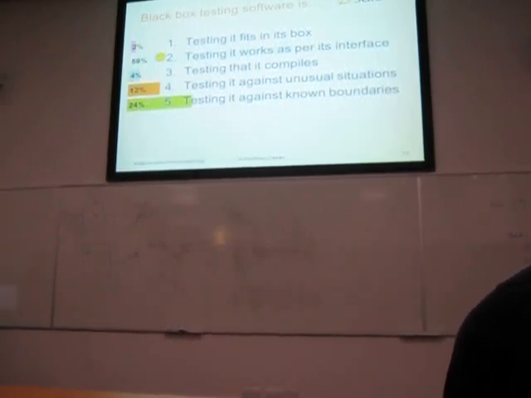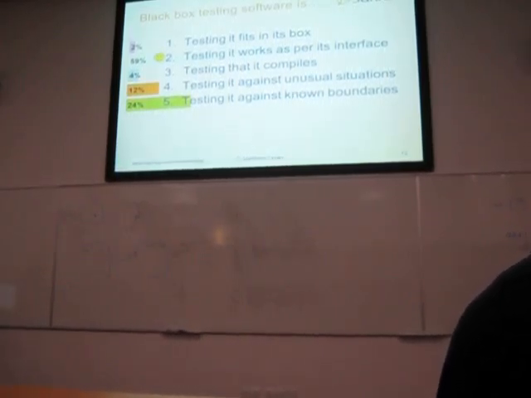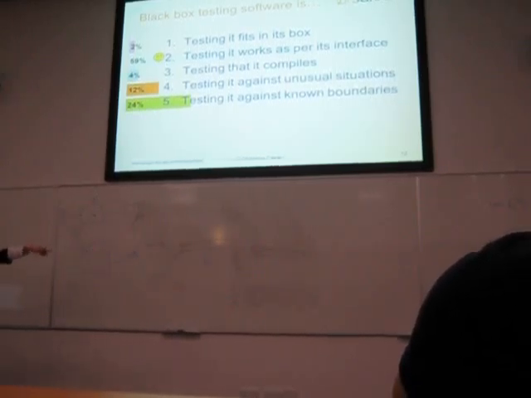So, black box is from the user perspective. It's from the perspective of the functionality. It's from the perspective of the user interface, and therefore you want to look at it from how can I interact with the system. The boundaries is something more detailed, where you kind of know a little bit about what's going on in terms of the data structures of your system.